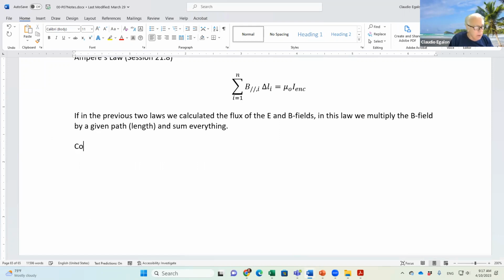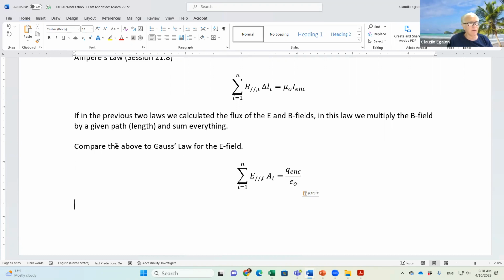Compare the above to Gauss's law for the electric field.